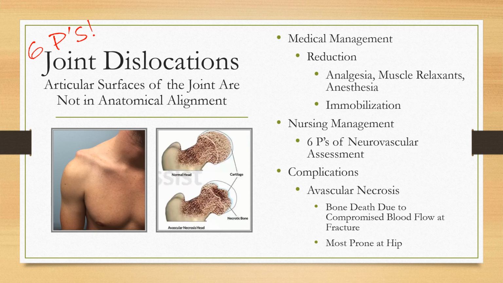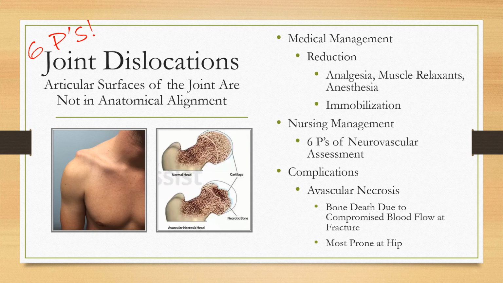So we need to check for pulselessness. We need to check for pain down the arm, which may be an indication of a blocked artery. We need to check for a pale arm. We need to check for paresthesia, which is pins and needles of the entire arm. We need to check for paralysis. And the last fancy one, poikilothermia, which is cold.